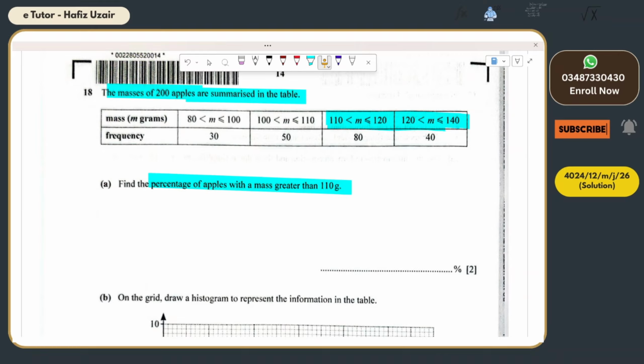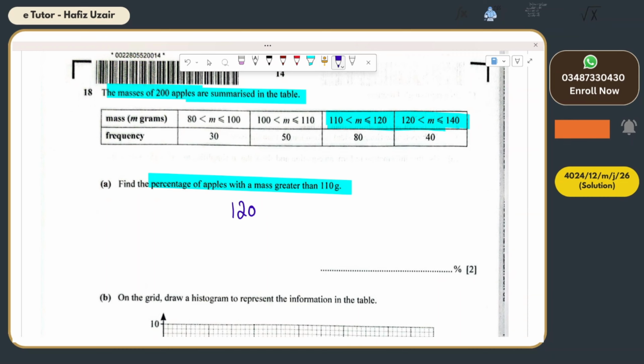These two values have mass greater than 110. So 110 till 120 are 80, so the masses of 80 apples are from 110 to 120, and 120 to 140 are 40. So basically we have 120 apples that have mass greater than 110.